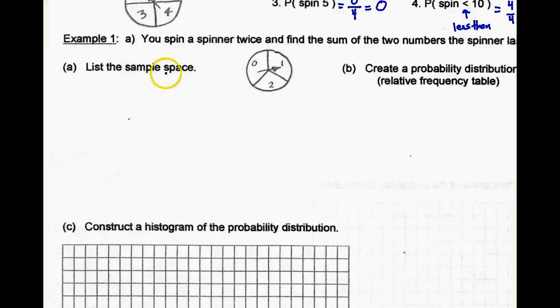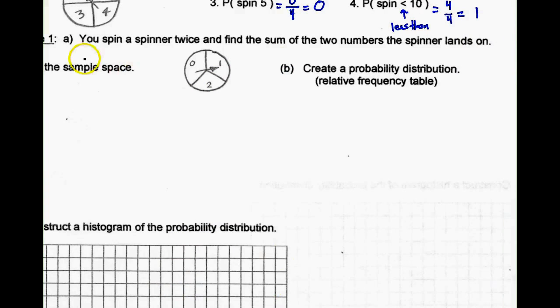So first of all, sample space. Sample space is just what are the possibilities to choose from, kind of like domain. So think of sample space as what are the possibilities? What can you and what can you not have an answer of? Okay? And a lot of what you're going to be doing is reading a situation, right, and coming up with some sort of diagram that gives you all the possibilities.